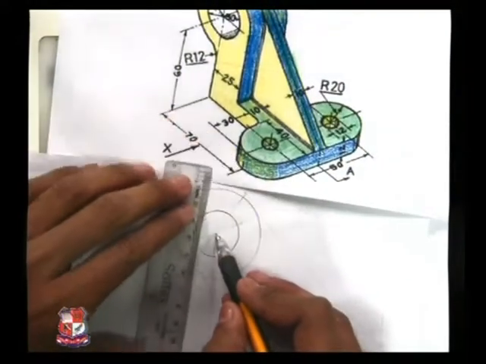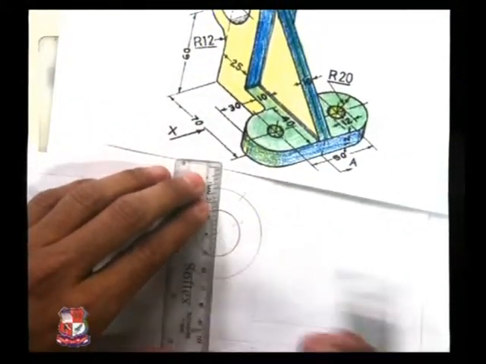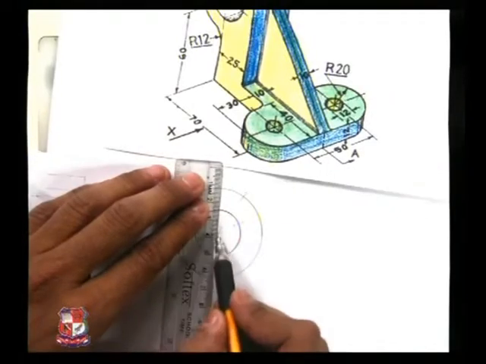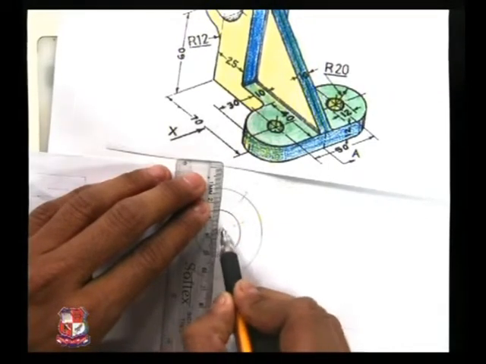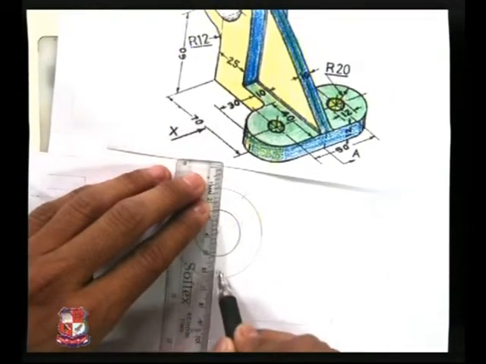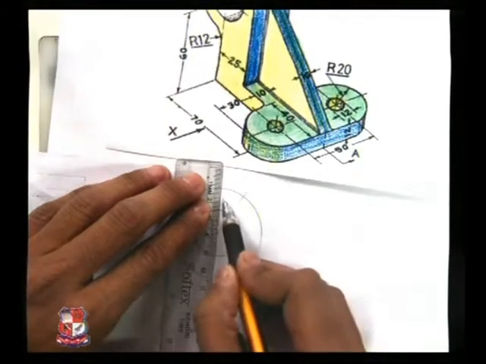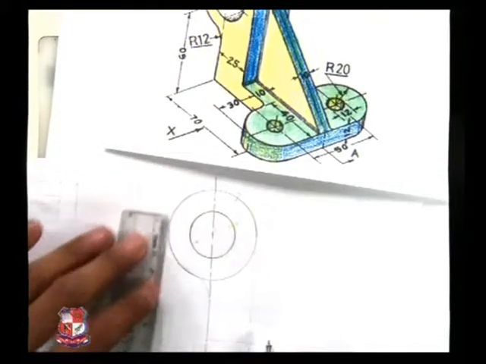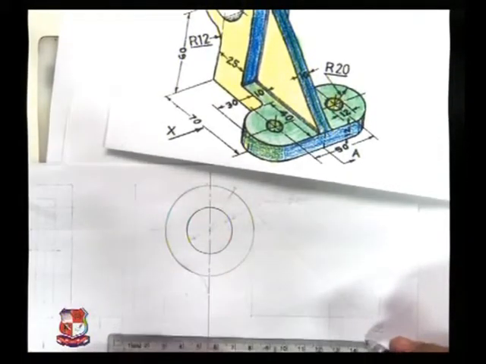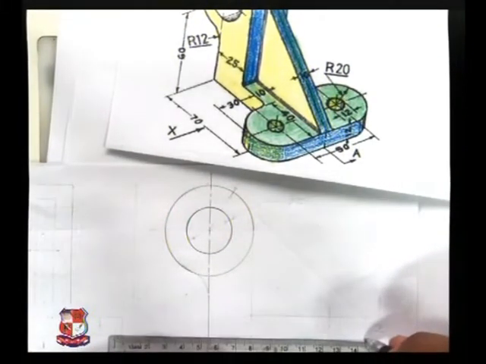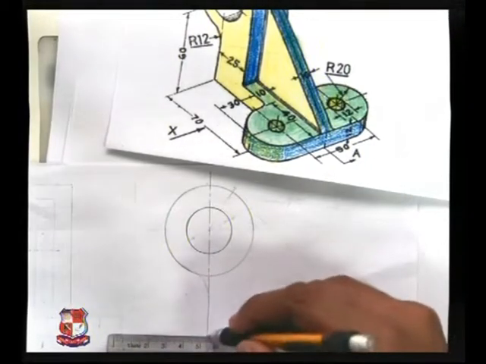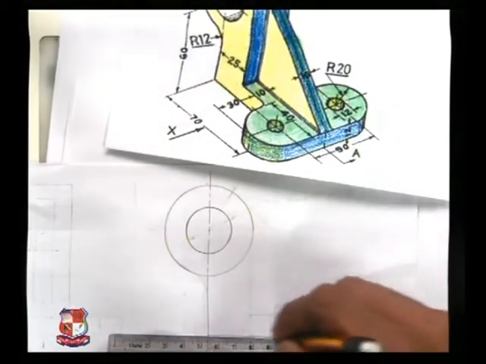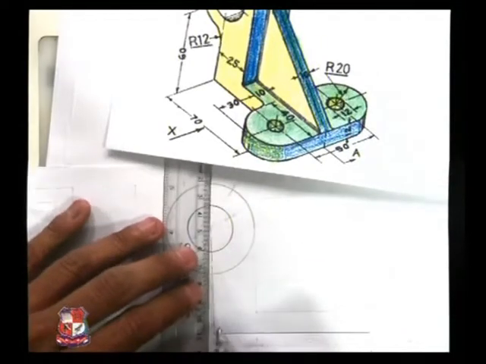This is the axis of the given cylinder. So the axis is to be represented like this, long dash, small dash, and so on. And here draw a straight vertical line up to a distance of 80 millimeter from the center of that circular hole like this.